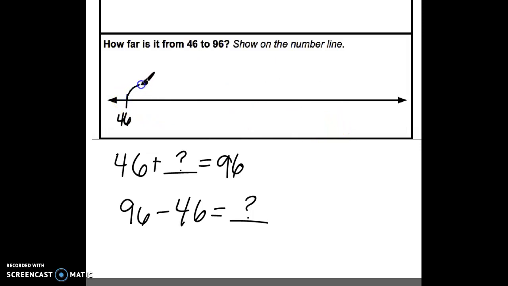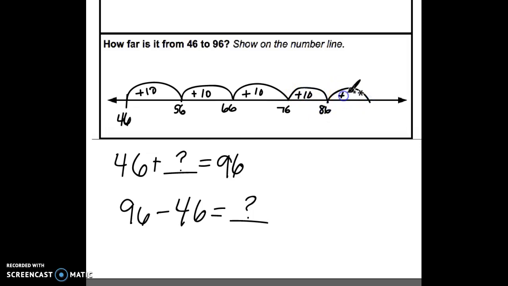So here's 46 plus 10, that's 56, plus 10 is 66, plus another 10, that's 76. Nope, we're not to 96 yet, so we're going to keep going. That's 86. And one more 10 is 96.